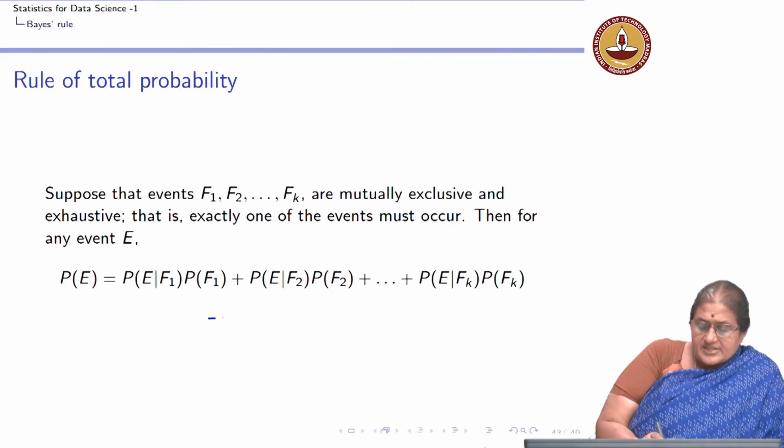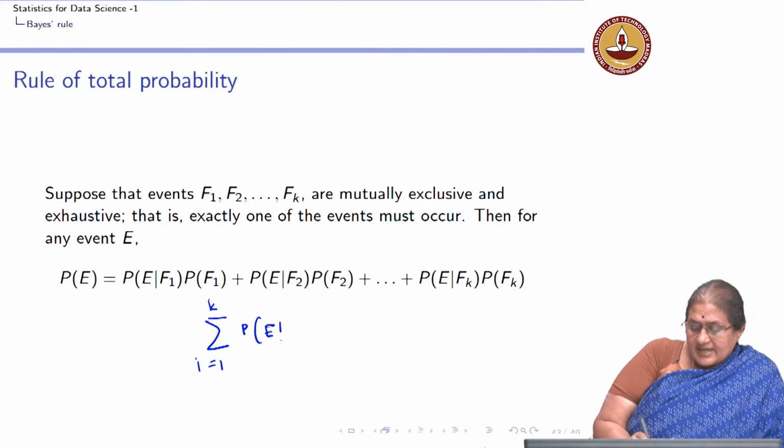I can rewrite this as summation i going from 1 to k probability E conditioned on Fi into probability of Fi.